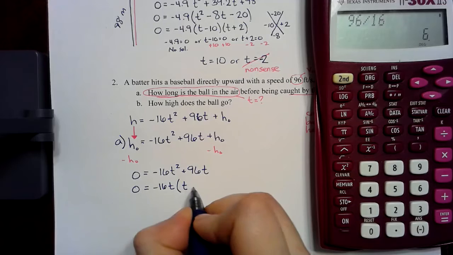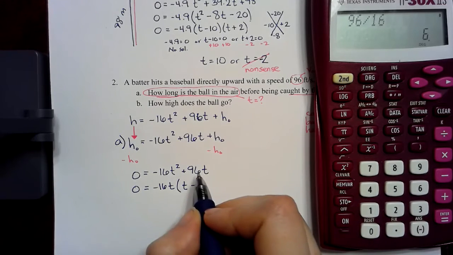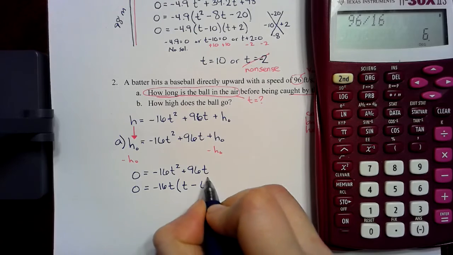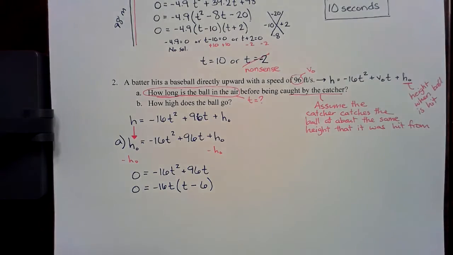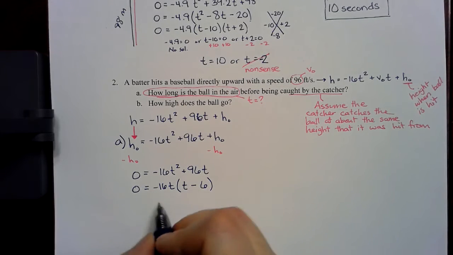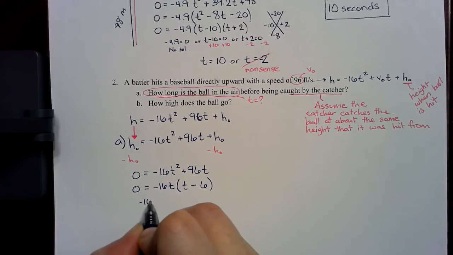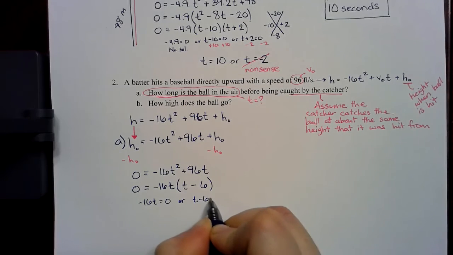Remember, I'm pulling out a negative, so it'll become minus. And from the second part, I'll get just 6 remaining. So now I set each piece to 0. Either negative 16t is 0 or t minus 6 is 0.